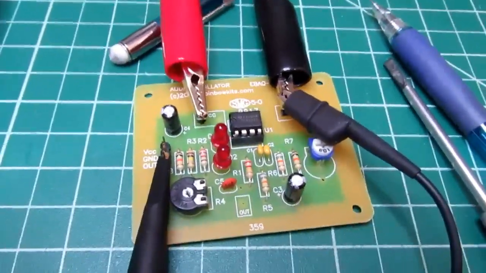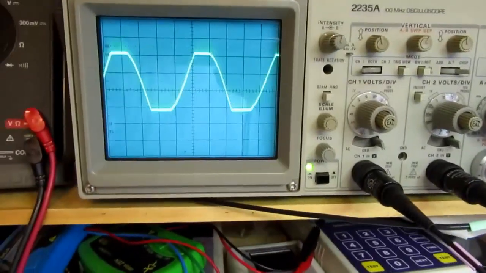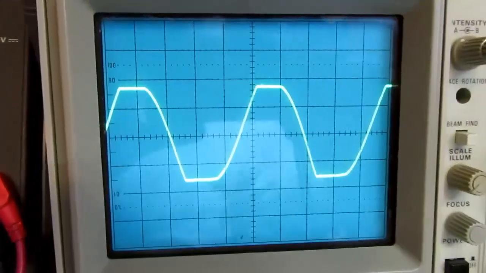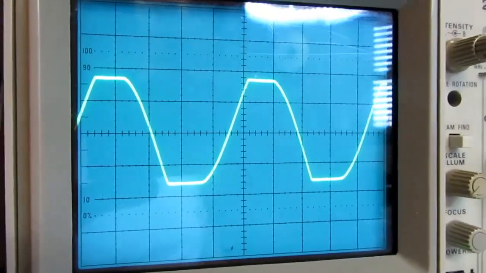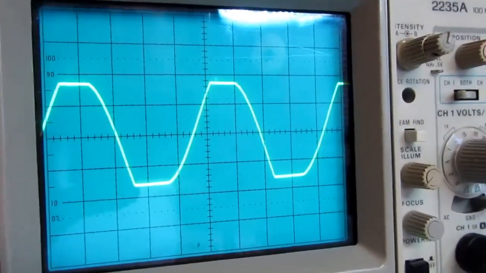Okay, I'm ready to do my tests. I've got my scope set up here. Okay, I'm turning the power on, 9 volts, and as expected I get a flat-topped waveform, but at least it's oscillating.